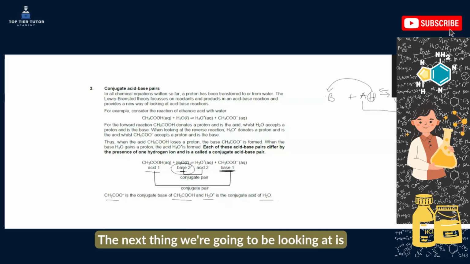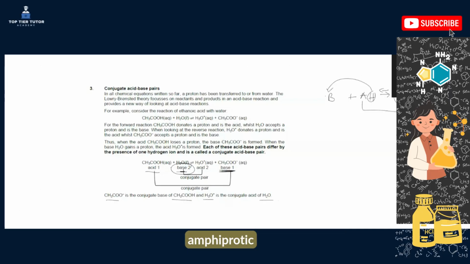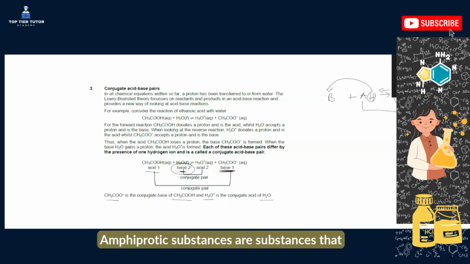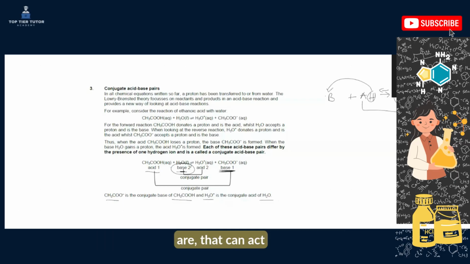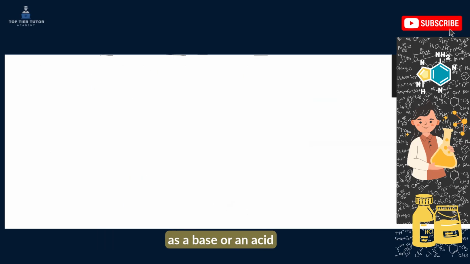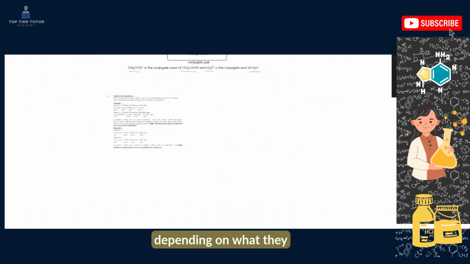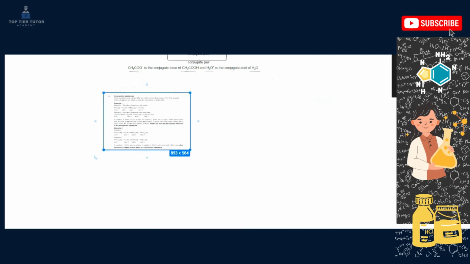The next thing we're going to be looking at is amphiprotic substances. Amphiprotic substances are substances that can act as a base or an acid depending on what they react with.